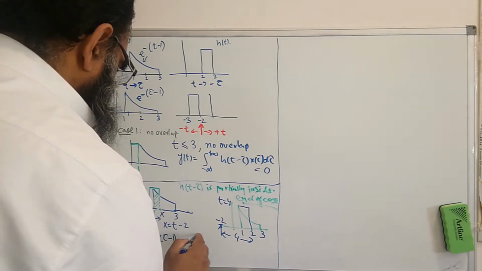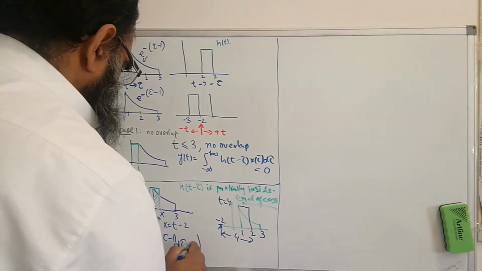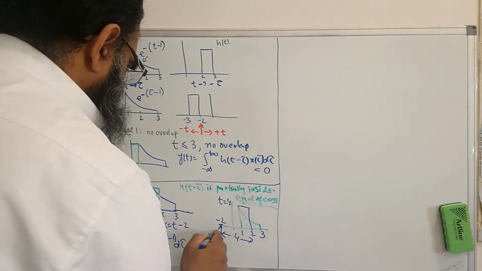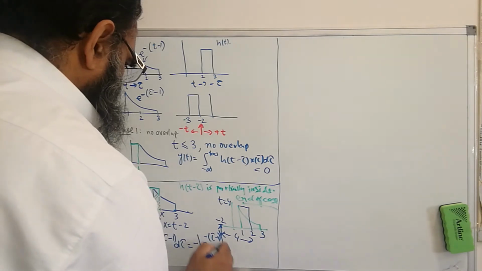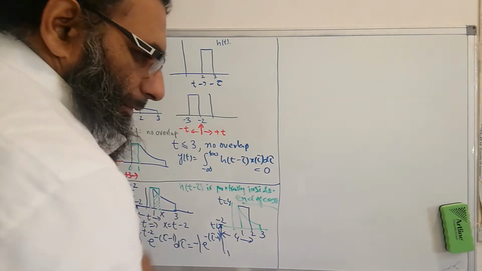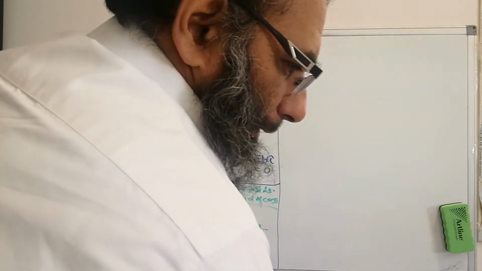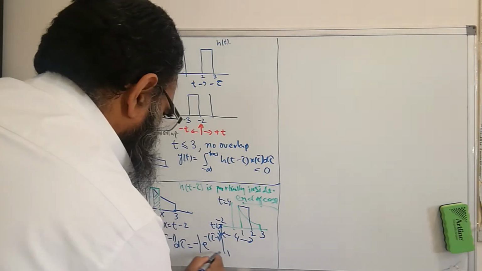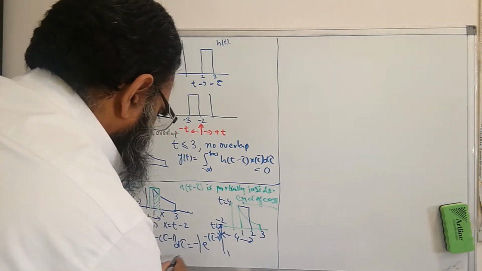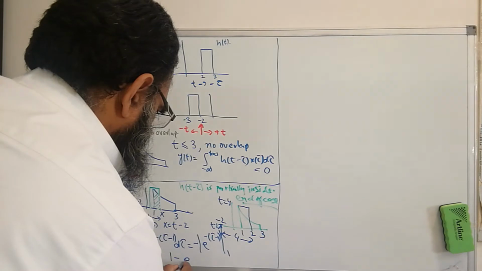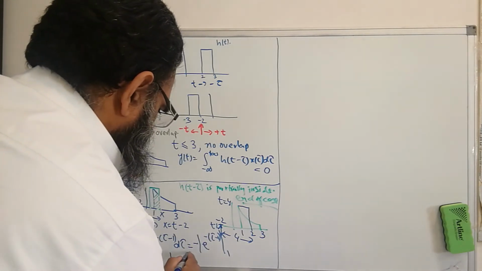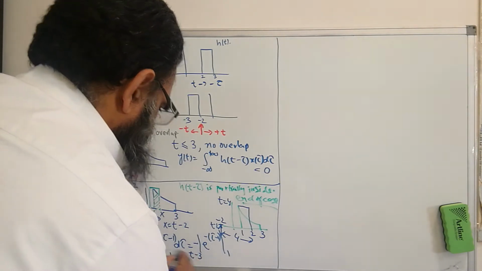So this will be minus e raised to the power minus tau minus 1 from 1 to t minus 2, and that will be equal to, I can put 1 first, so 1 minus e raised to the power minus t minus 2 minus 1, so t minus 3.